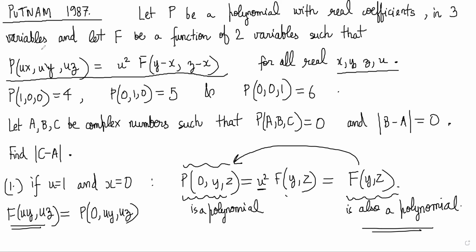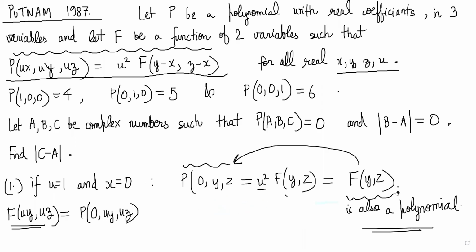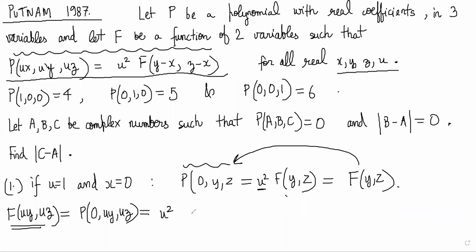Now, from the first result, P of 0 uy uz should be equal to u square f of y and z. We are just using the first result.